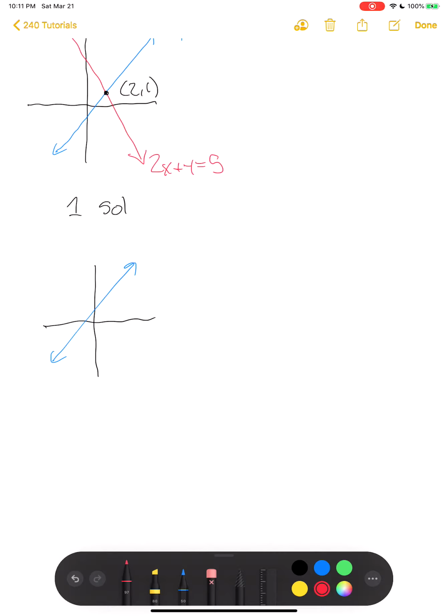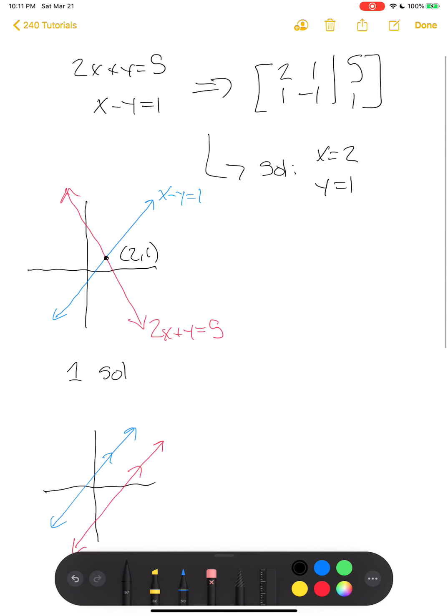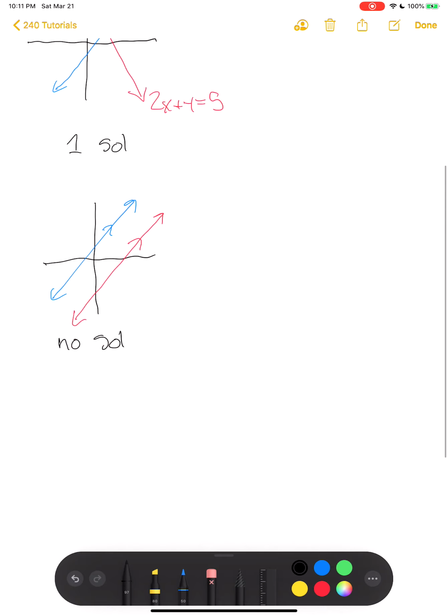And then if I make my second line perfectly parallel to it, so they're never going to intersect ever, then I have no solution, meaning my lines will never intersect. And we call this, in Math 240, inconsistent. We have no solutions here.